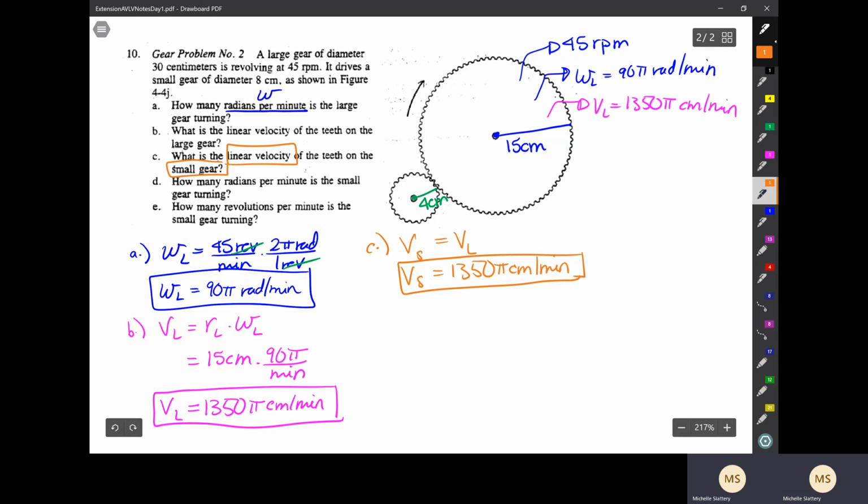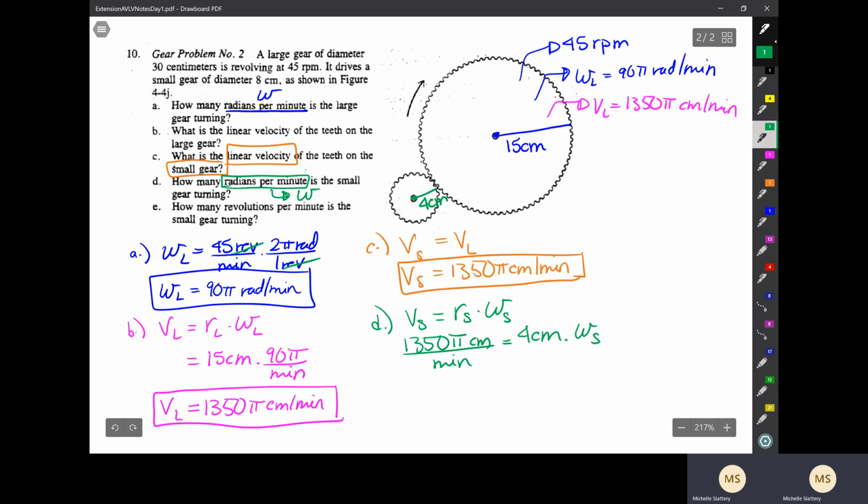All right, now we're ready for part D. How many radians per minute is the small gear turning? Radians per minute is going to be angular velocity. I know the radius and I know the linear velocity. So the linear velocity of the small is the radius times its angular velocity. My linear velocity is 1350 pi centimeters per minute, my radius is 4 centimeters, and then times its angular velocity.